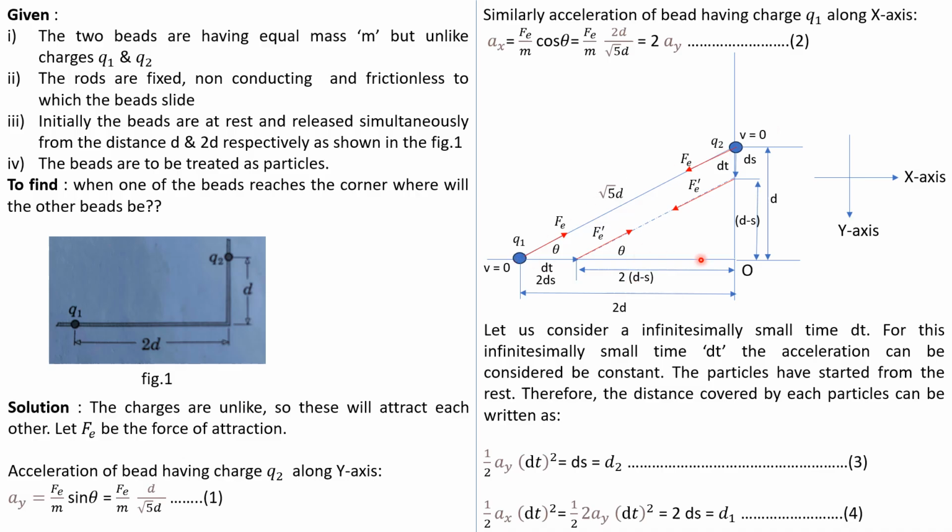Initially in this triangle also, if you see, the perpendicular was d and base was 2d. The ratio was 1 by 2. So it means this triangle and this triangle are similar triangles. So what will happen then? This angle will be equal to this angle. So this angle has been shown as theta correctly.